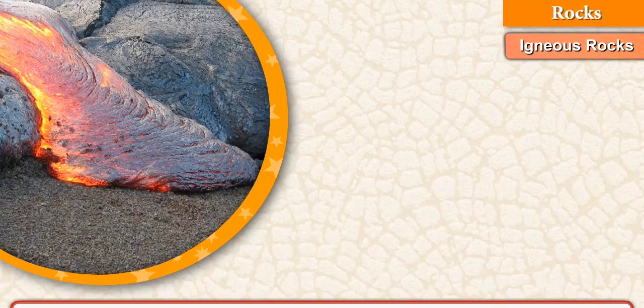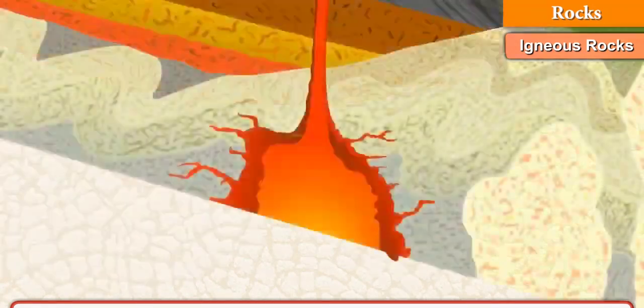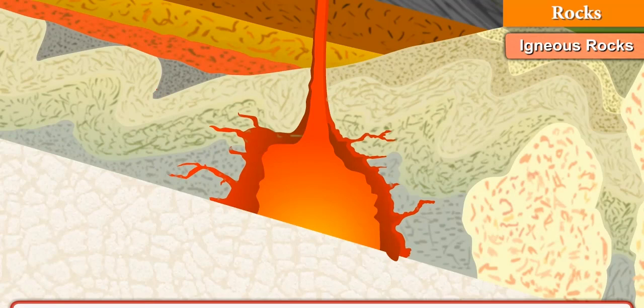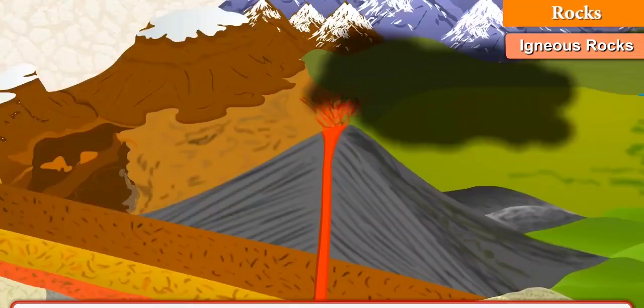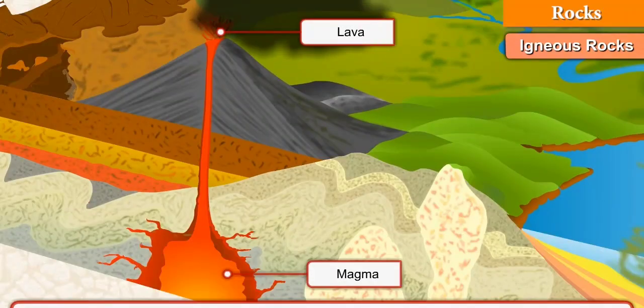Igneous rocks. Igneous rocks are formed by the cooling and hardening of hot molten rocks. The hot molten rock flows out through a volcano. Hot molten rock, when present inside the earth, is called magma, and when it flows out on the earth's surface, it is called lava.